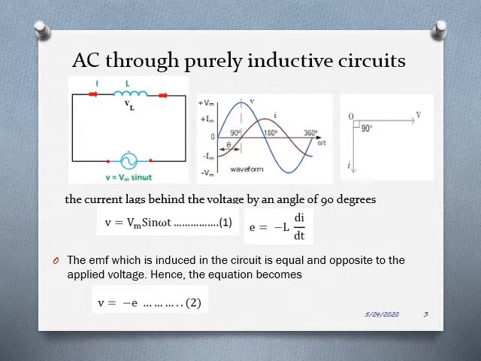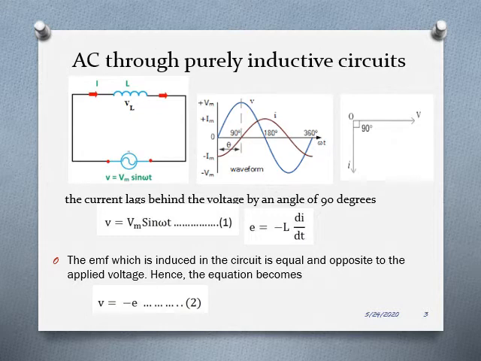Due to the inductance of the coil, a self-induced EMF e is equal to minus L di by dt volt is induced in the coil, which opposes the applied voltage at every instant. As the circuit is purely inductive, there is no resistance and hence there is no ohmic drop.